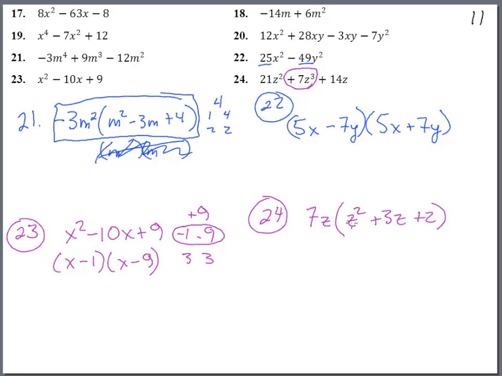What's left is a trinomial with leading coefficient 1, so it should be one of those fast ones, unless we get tricked like in number 21 where it doesn't come out nice. This is 7z. Factors of 2 are 2 and 1. Yep, they add up to 3. So z plus 2, z plus 1. And there's number 24.